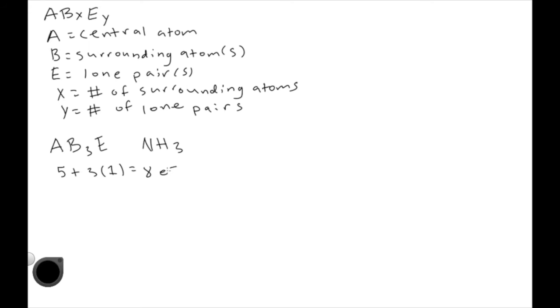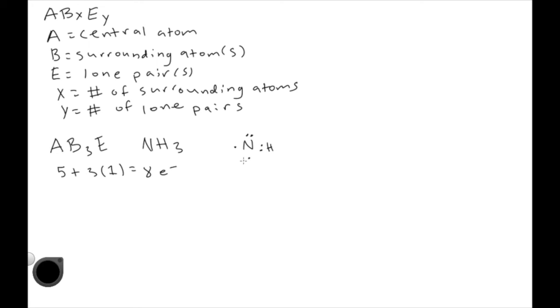So first we take our central atom, nitrogen, and then we draw its Lewis structure. So 1, 2, 3, 4, 5 valence electrons. And then we add our hydrogens to the unpaired electrons on nitrogen, like so.